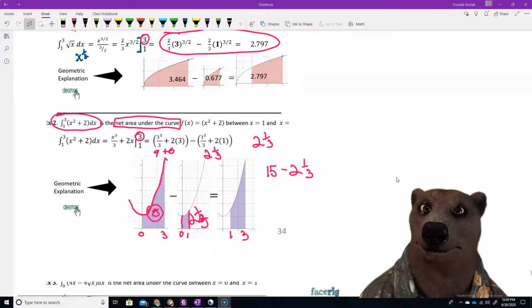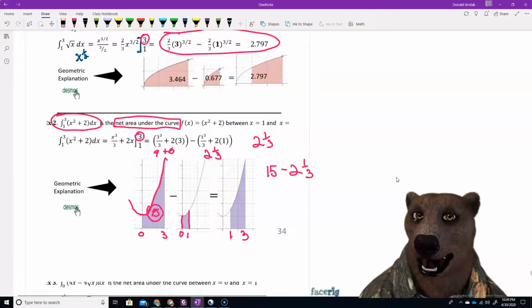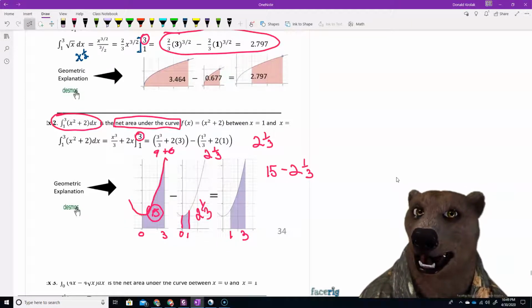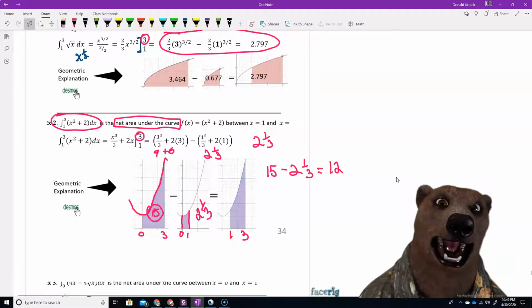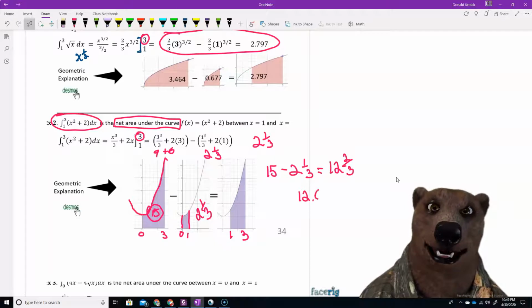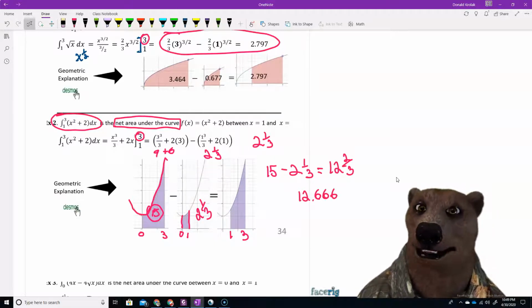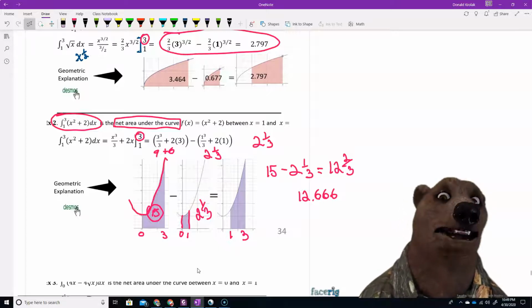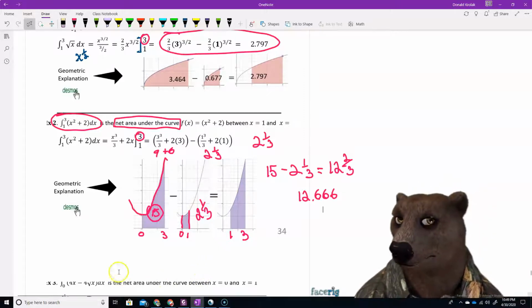So I subtract off the 2 1/3. That's the area from 0 to 1. And when we do that, we get 12 2/3, or 12.66 repeating. So that's a definite integral using the fundamental theorem of calculus.